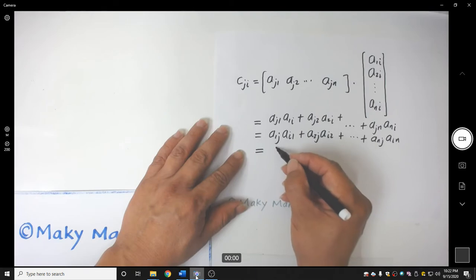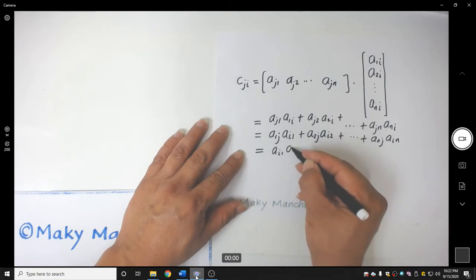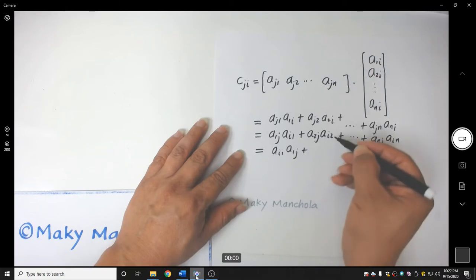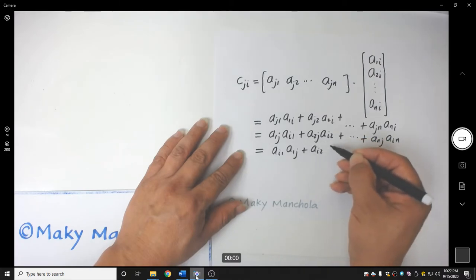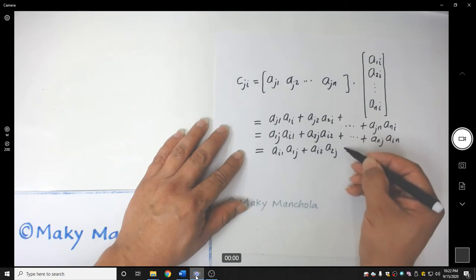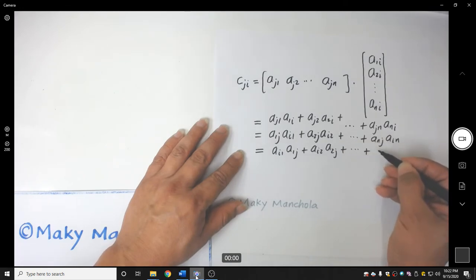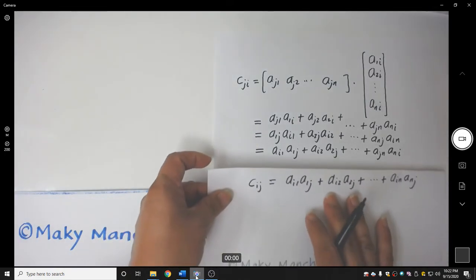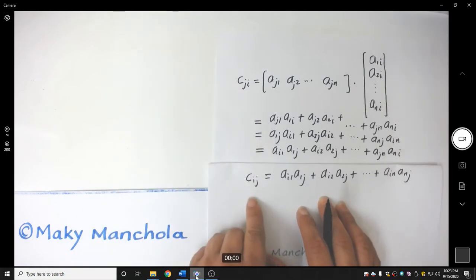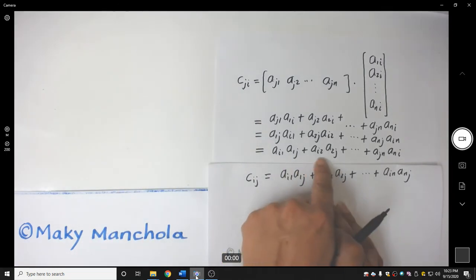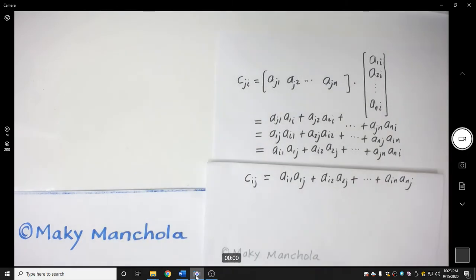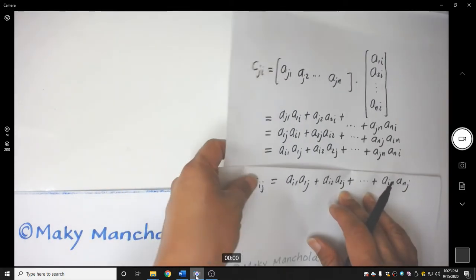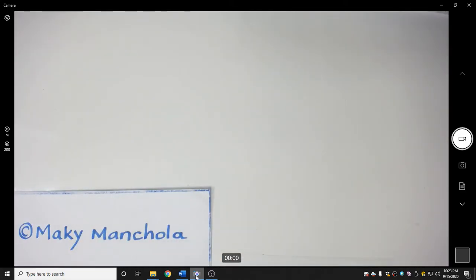So we end up with A_i1 A_1j plus A_i2 A_2j plus and so on, plus A_iN A_Nj. And now we have concluded that C_ij equals C_ji for all i and j. Okay, so our proof is complete.